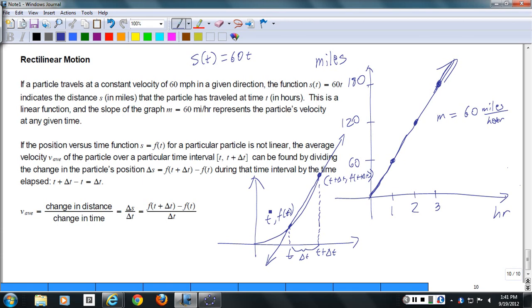So if we apply the slope formula to that, then we get this particular difference quotient. If we calculate the limit of delta s over delta t as delta t approaches 0, kind of drive this point down toward this point so that the secant line approaches the tangent line, then we can refer to this as the instantaneous velocity, and that's going to be the slope of the tangent line.